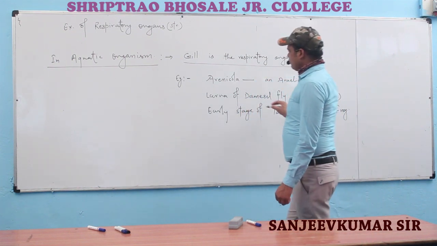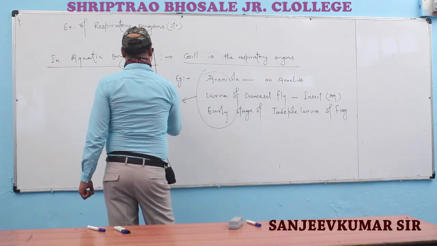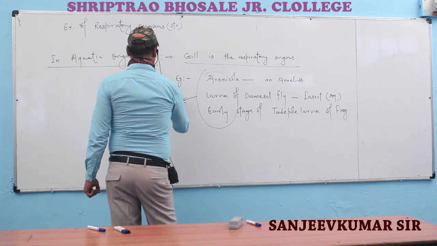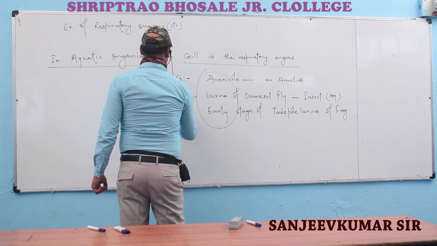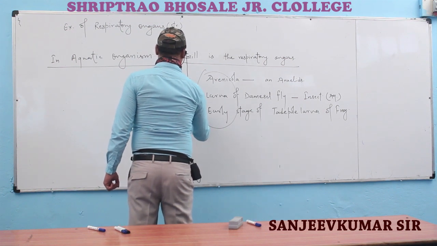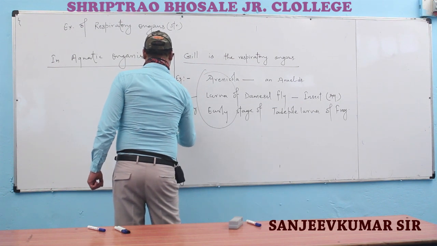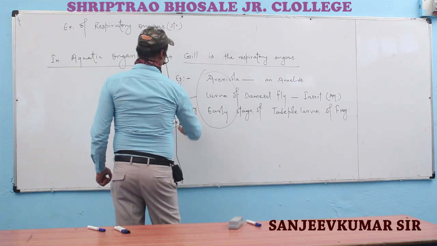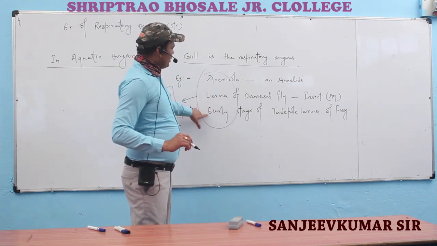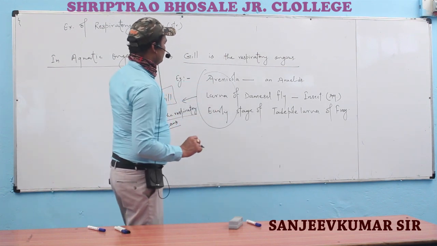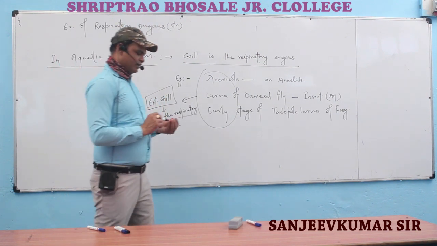So these all have external gills as the respiratory organs. Amnicola, larva of damselfly, early stage of the tadpole larva, have external gills as the respiratory organs.